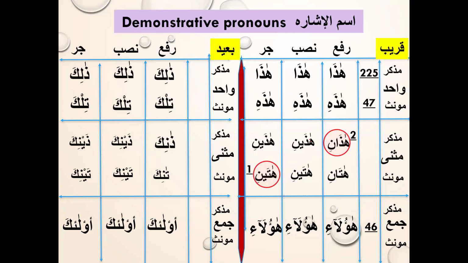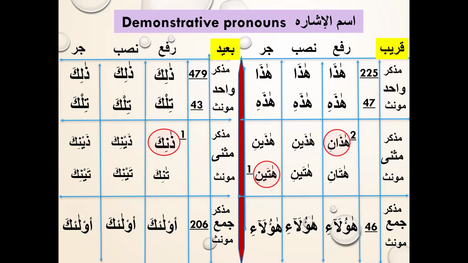So it is ulaika. Okay, dhalika is used 479 times in Quran Majid. Either it can be in rafa state or nasab state or jar state. Altogether it is 479. Tilka 43 times, and dhanika is used only one time in Quran Majid.